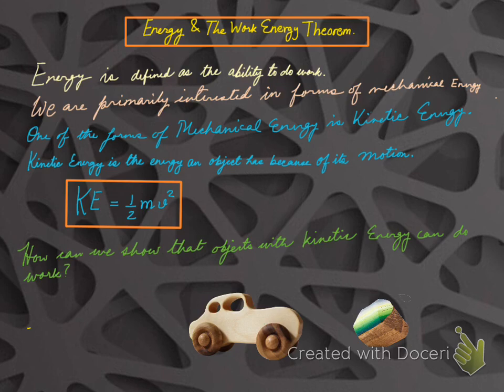So the toy car exerted a force on the rock, and the rock moved, which means that the toy car, because it had a velocity and kinetic energy, was able to do work on the rock and move it. So this is a demonstration that objects with kinetic energy can do work.